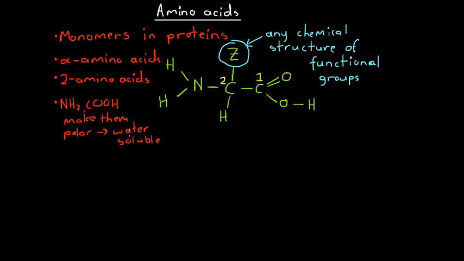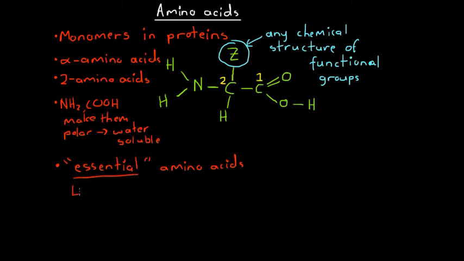Now, there is a specific type of amino acids which we refer to as essential amino acids, which are slightly different. Most of the amino acids that our body needs can be produced inside our body. However, there is a small number of amino acids that our body can't produce, and therefore we have to consume these special amino acids in our diet in some way, and these are what we call essential amino acids.